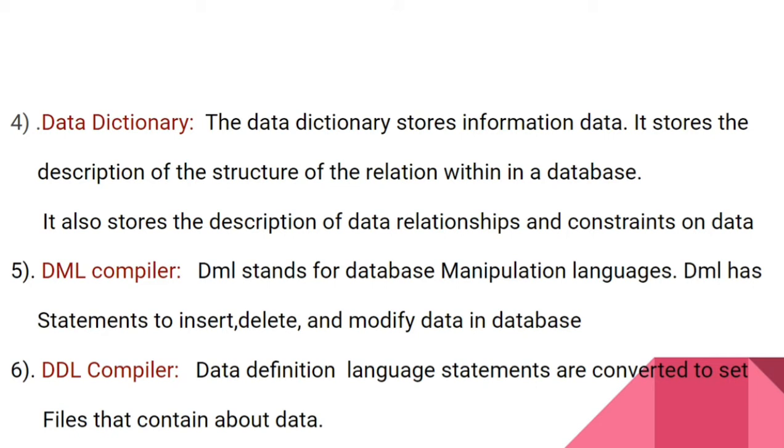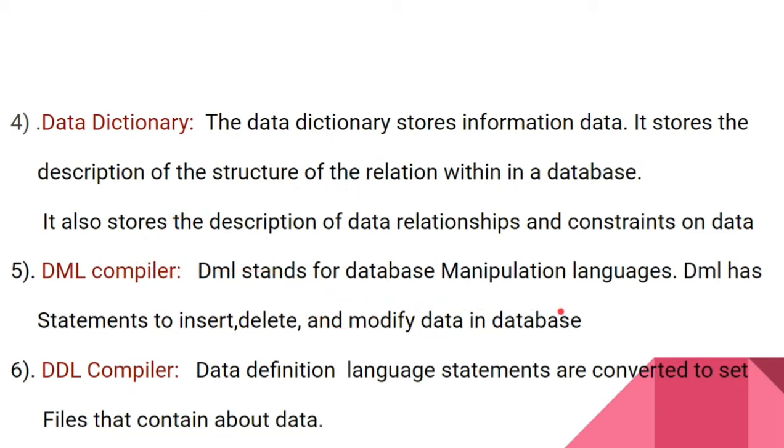That constraint is defined in the data dictionary. That is why the data dictionary helps us to study the database, the description of a table, the description of the data present in the table, and also the constraints on the data. Every database management system has a data dictionary, and the data dictionary has information about the data.